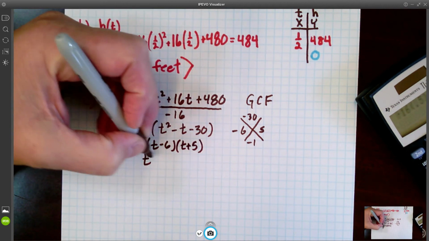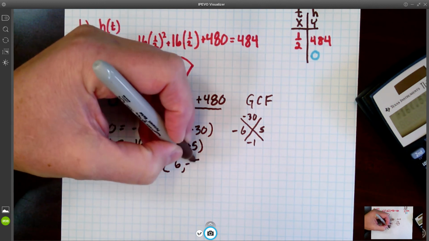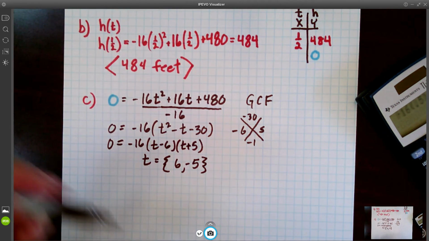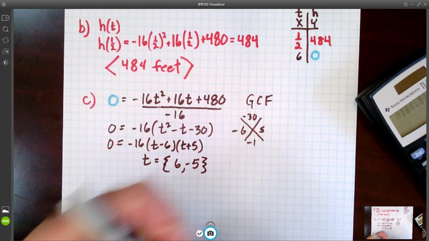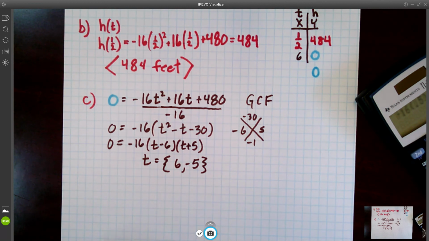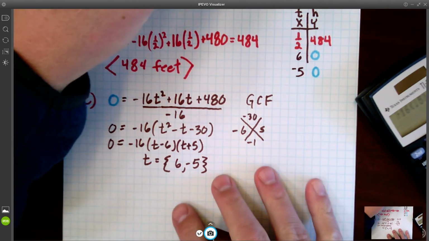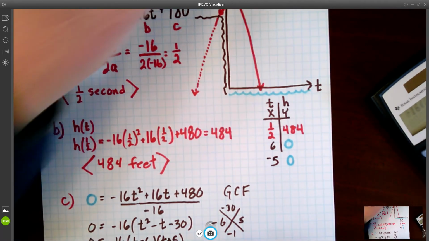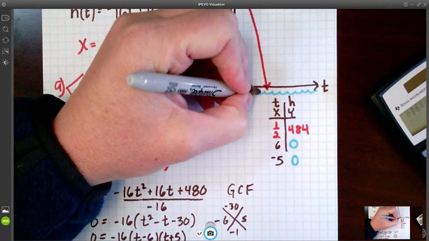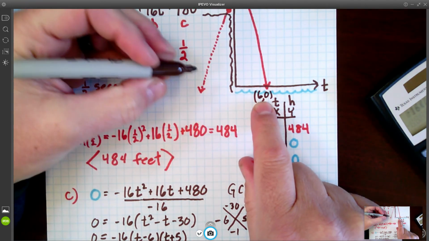My solutions for t, there are two. One is 6 and one is negative 5. So when the y value is 0, I have one solution at 6 and the other at negative 5. If I go back and look at my picture, this is 6 seconds, 0 feet off the ground.